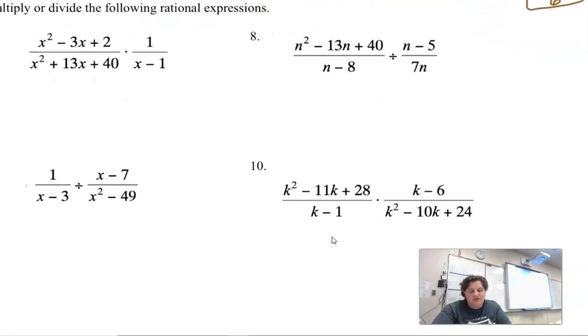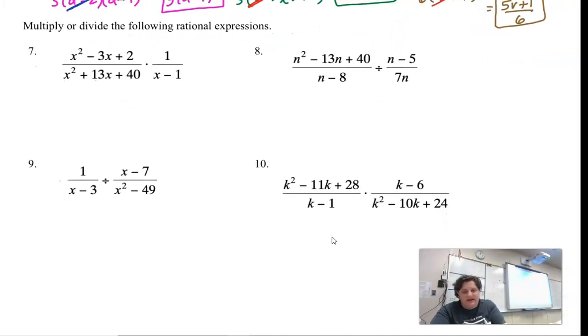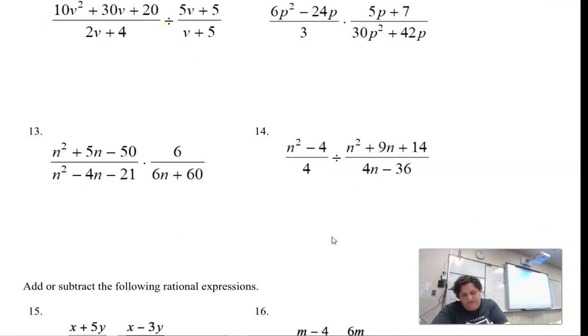All right. So our next little part, guys, multiplying and dividing. You know what? It's actually the exact same thing. It's still going to be factor, cancel. The only thing that you need to be kind of careful about is when you are dividing, you want to make sure you flip the second one.